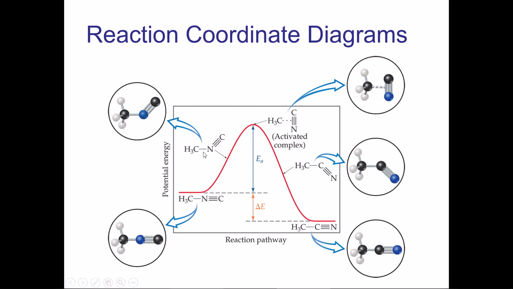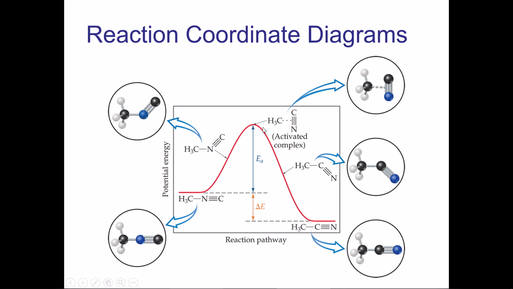The amount of energy necessary to get to the top of this peak is that activation energy. Once we get to this peak, this activation energy amount, we then have what's called an activated complex. We have created a halfway step where we've broken the original carbon-nitrogen bond, but we haven't quite formed the carbon-carbon bond that we need.